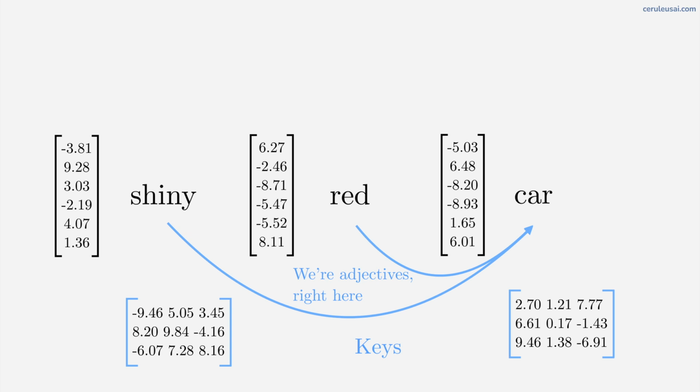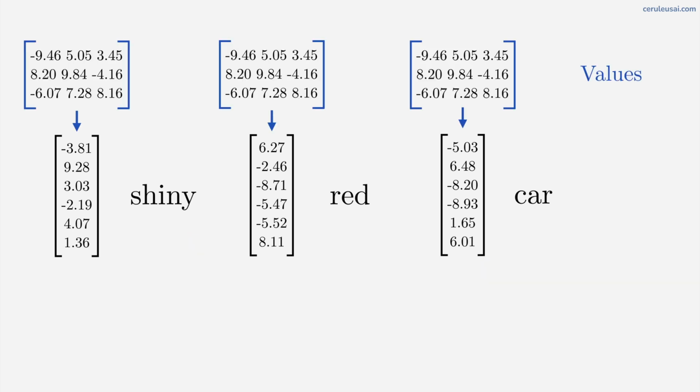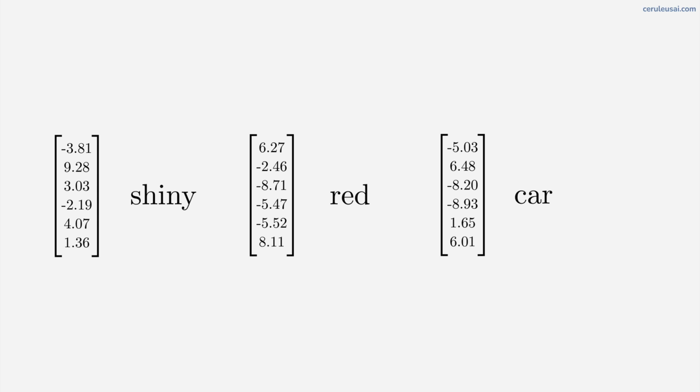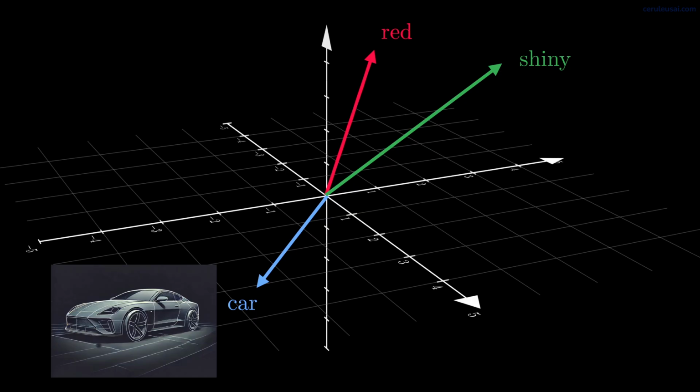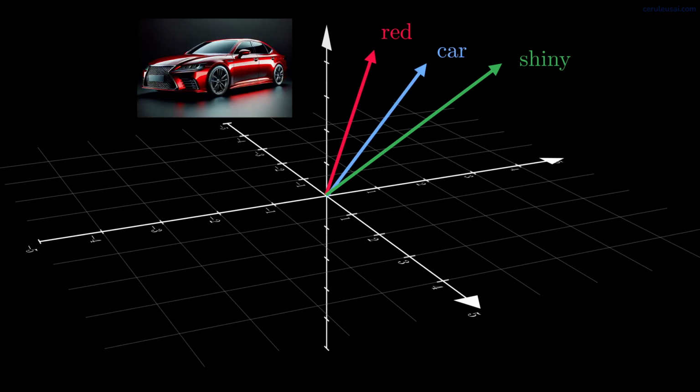Then shiny and red respond with, we're adjectives, right here, and they get singled out. Finally, the model takes the meaning from those adjectives, packaged up as yet another numerical representation, the value, and adds it directly into the embedding of car. That's how car transforms from a generic sense to a more vivid, context aware notion of a shiny red car.